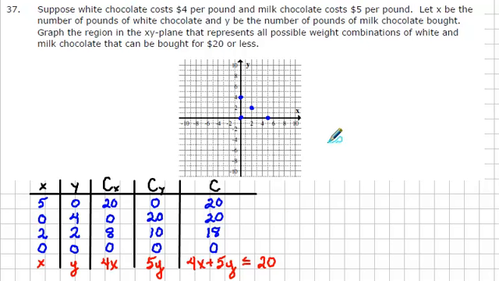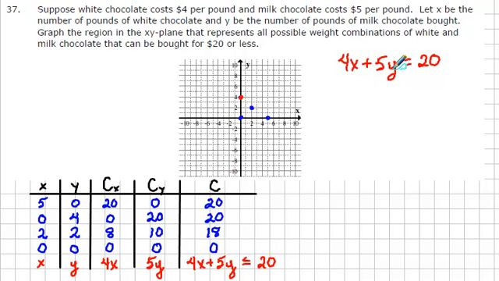So let's first of all find out what are the intercepts of this particular inequality. Or actually, if we write the associated equation, it would be 4x plus 5y is equal to 20. What are the x and y intercepts of this particular equation? Well, when x is 0, which we've already done here, we see that the y value is 4. So 0, 4 is the y-intercept.